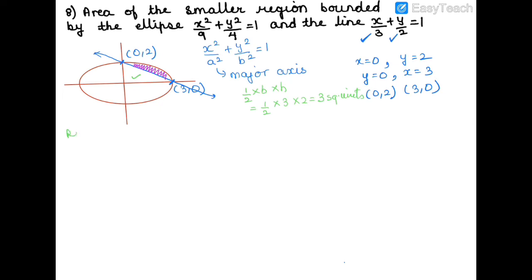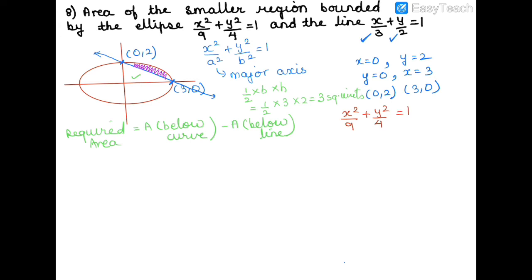So required area is equal to area below the curve minus area below the line. So it's essential for me to write down the equation of a curve either in terms of x or in terms of y. So I have my equation as x square by 9 plus y square by 4 is equal to 1, like this.